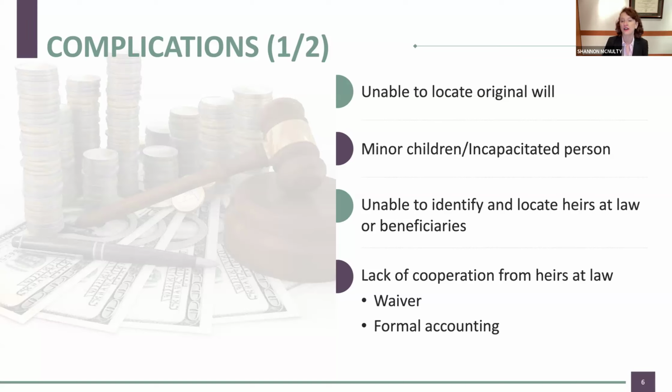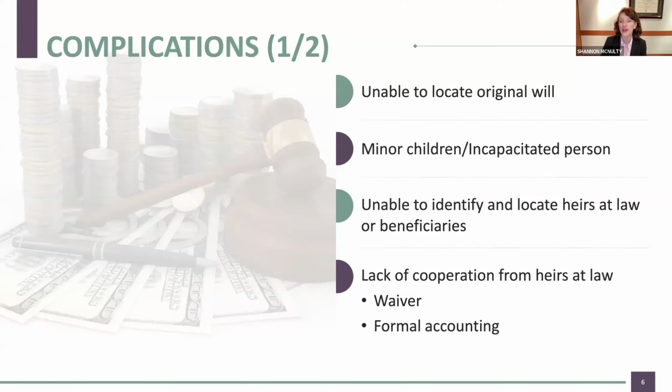Finally, there's a lack of cooperation from the heirs at law. The heirs at law are the people who would inherit if there had been no will. And so these may be cousins scattered far and wide who may say, oh, well, I may not have known before, but now I know that my aunt died and maybe I can inherit if there was no will.